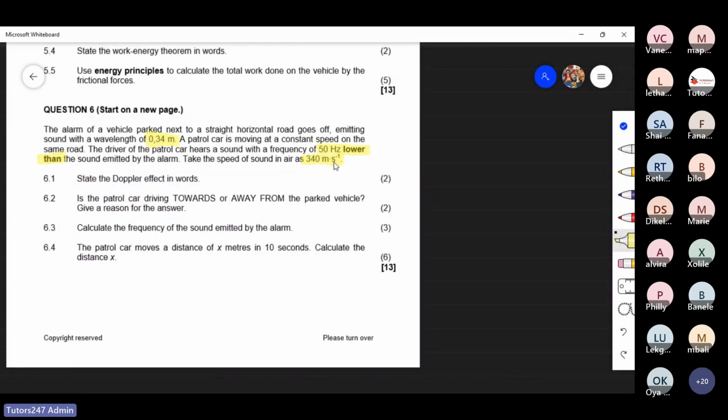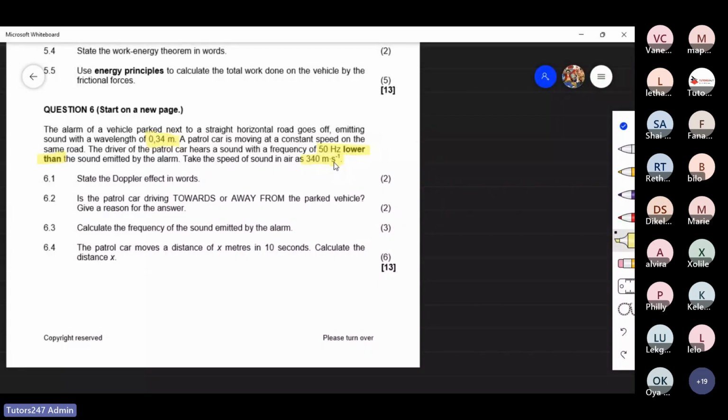Is the patrol car moving towards or away from the parked vehicle? So we now need to investigate whether this particular patrol car, which keep in mind is our listener, is moving away or towards the parked vehicle. Keep in mind that the parked vehicle is in this case our source, because this parked vehicle is emitting a sound.